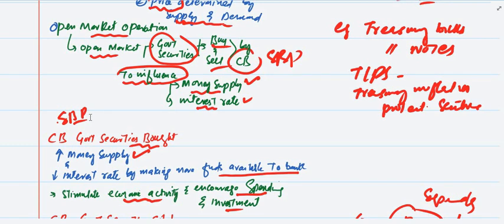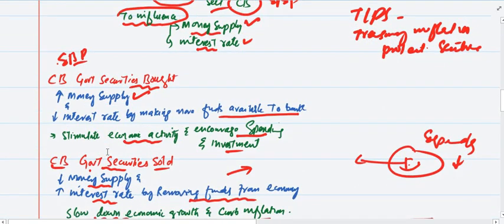The first thing is when the central bank, for example the State Bank of Pakistan, buys government securities, then it increases the money supply and lowers the interest rate by making more funds available to banks. And by this they stimulate economic activity and encourage spending and investment.